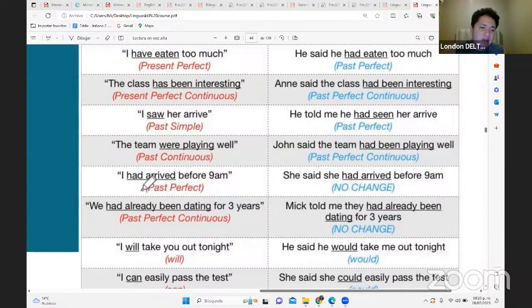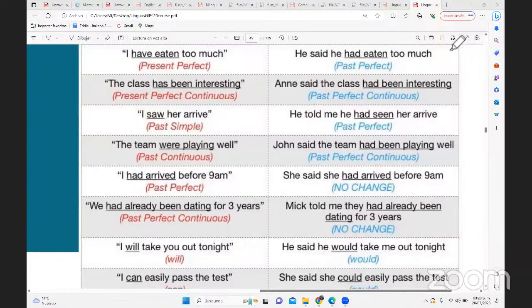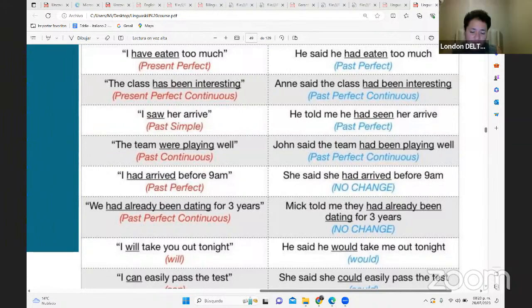Ok. Now we have past perfect. Can you read the example, please, Osvaldo? I had arrived before 9 a.m. She said she had arrived before 9 o'clock. Excellent.